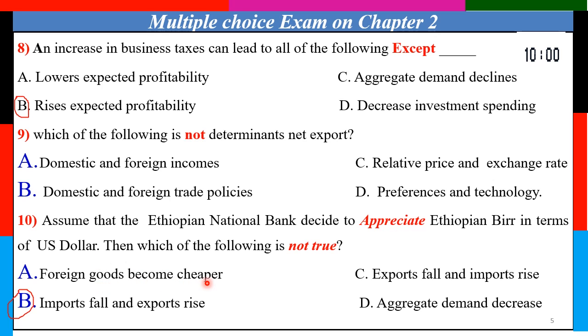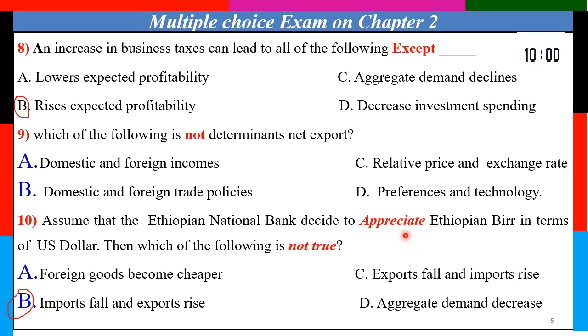This is true. Exports fall. This is true, because the Ethiopian product becomes more expensive for the foreigners. So no one wants to buy the Ethiopian product. At that time, Ethiopian export is declined. Imports rise. It is true.